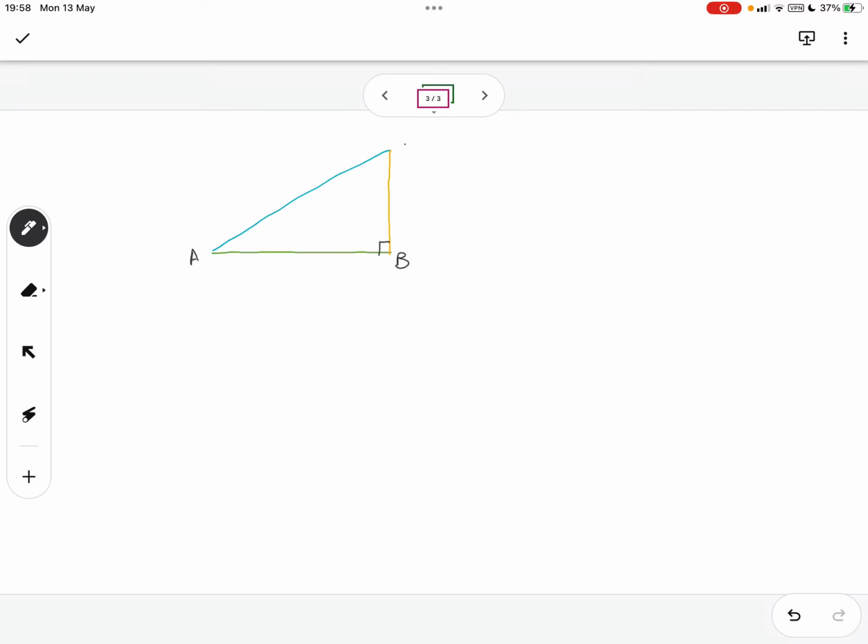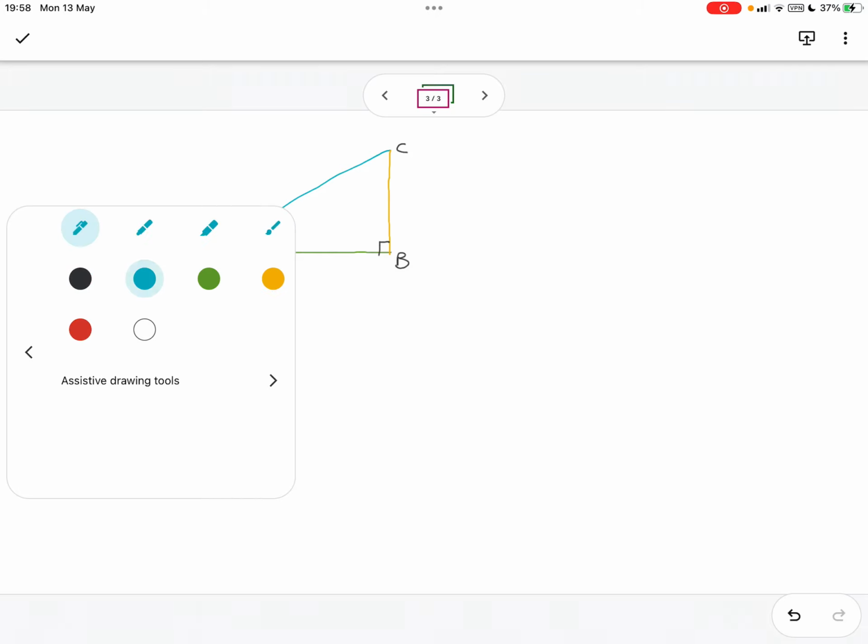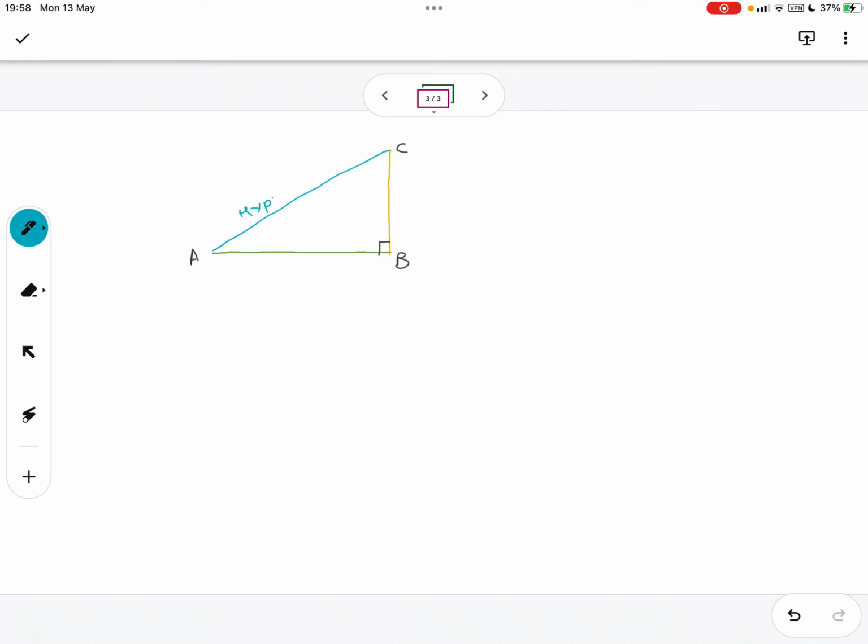We'll call this A, B, C. This side is called the hypotenuse. I'll leave AB and BC out for now, because that depends on the angle that we're looking at. So let's say this is alpha and this is beta.